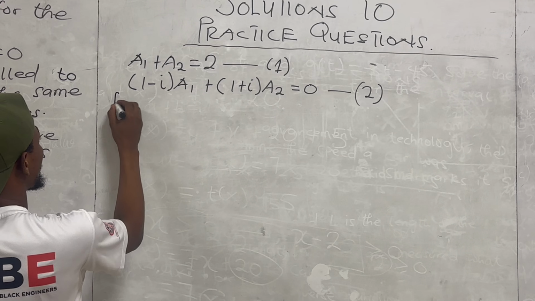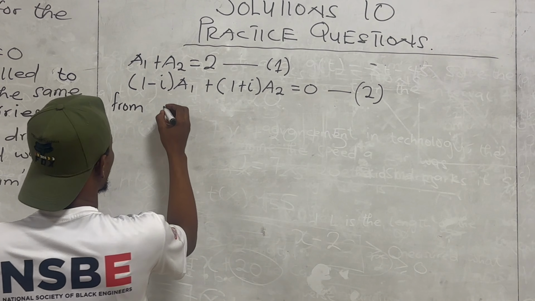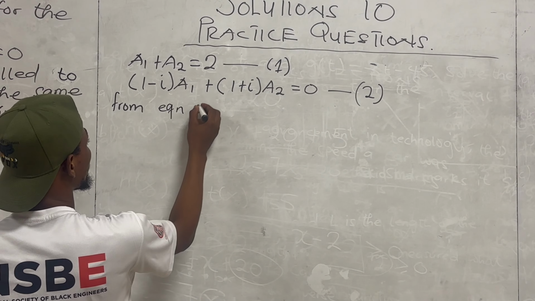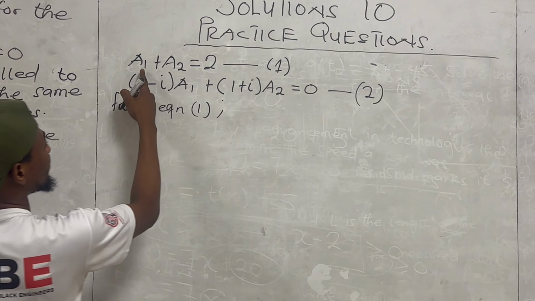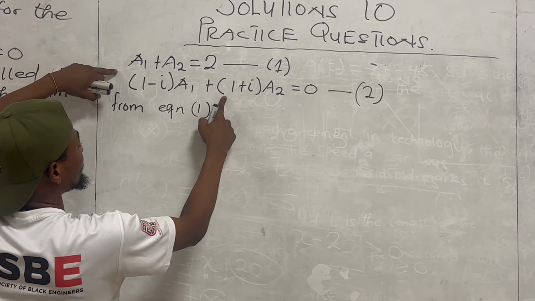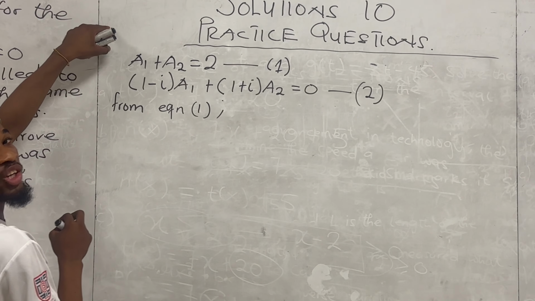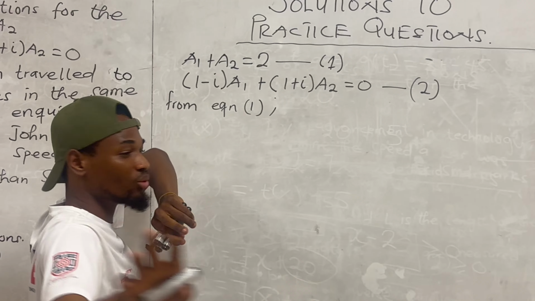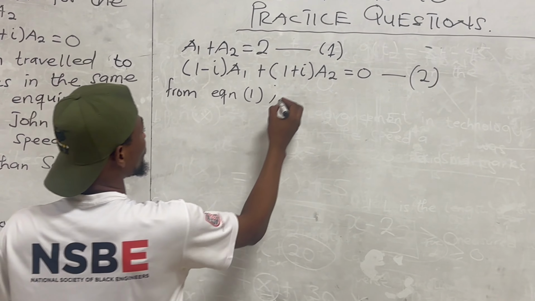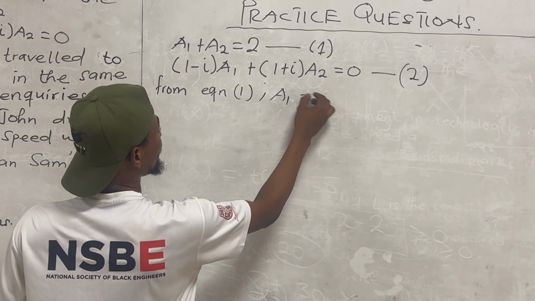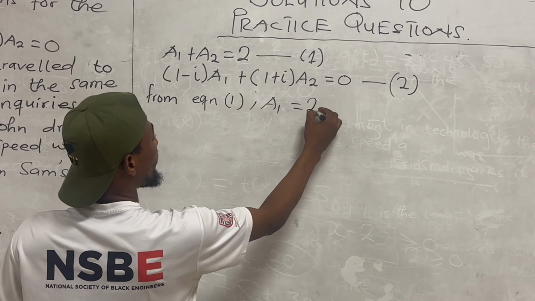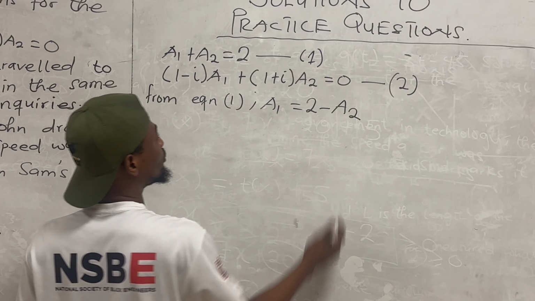So from equation 1, I can decide to make either A1 the subject or A2 the subject. It depends on you. So from equation 1, I have A1 equals 2 minus A2.